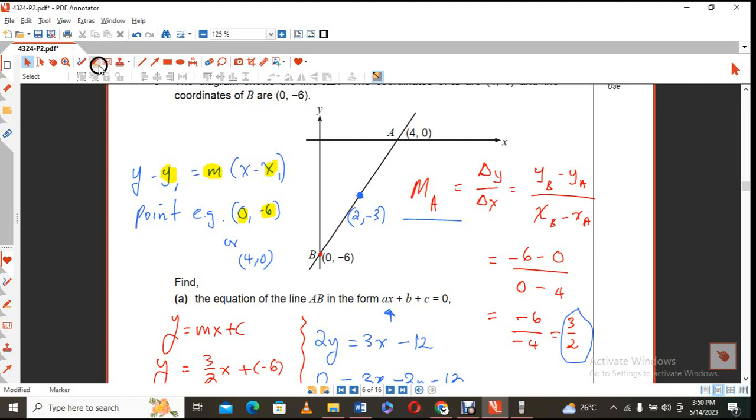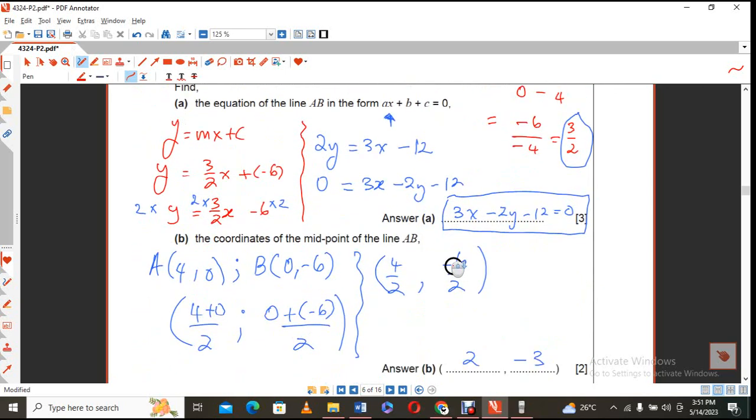Our line will pass through the origin and it will be somewhere like that. Remember, these diagrams are also not to scale, and at the point of intersection the perpendicular bisector is at 90 degrees and it cuts that line in half. So that is the line that we just calculated the gradient of.